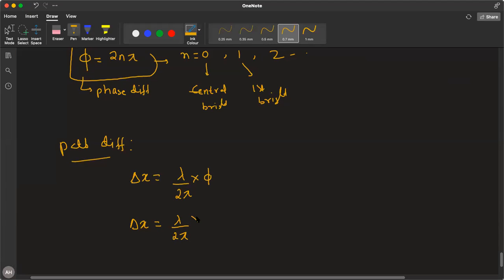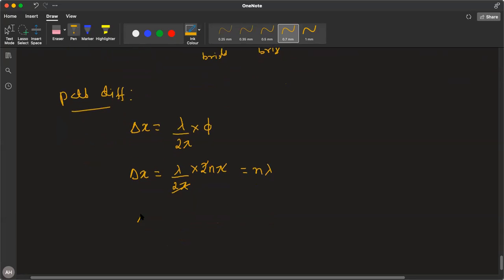When we substitute phi as 2n pi, the 2 pi will cancel, and you are left with n lambda. So the path difference delta x is equal to n lambda.